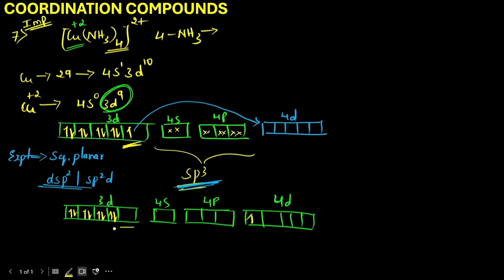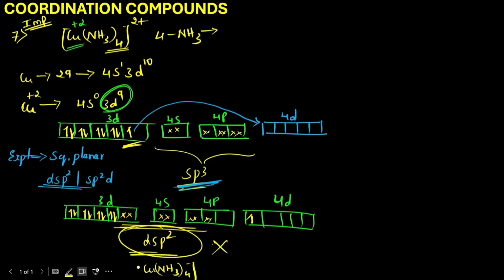So now what is the hybridization here? We have 4 NH3 ligands, right? So the hybridization is dsp2. But again, we are not going to get dsp2 hybridization, because if you write [Cu(NH3)4], the charge on the complex is +2.